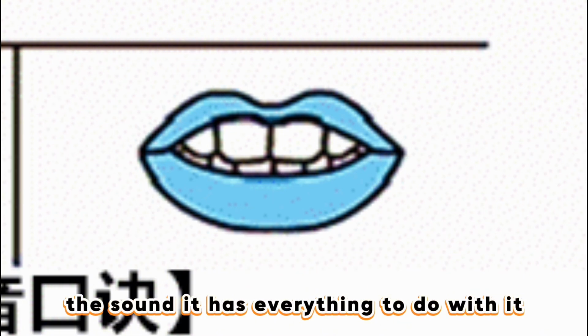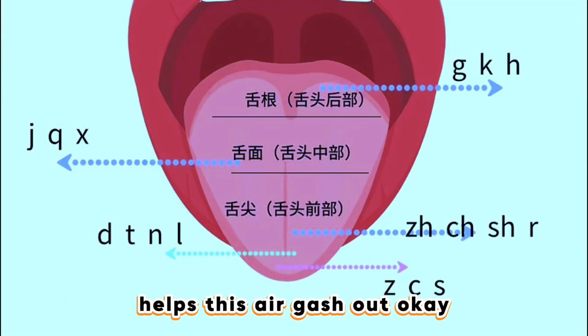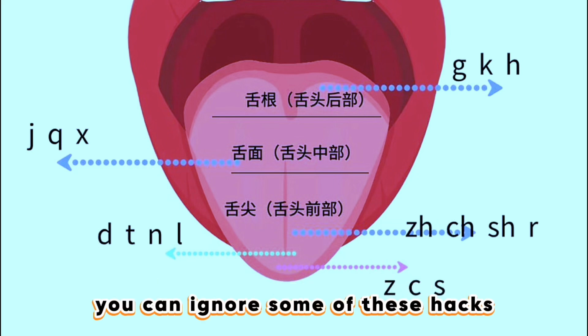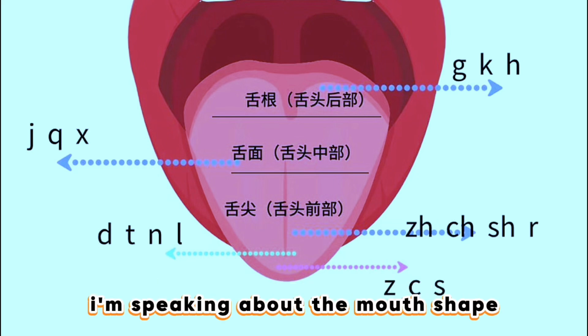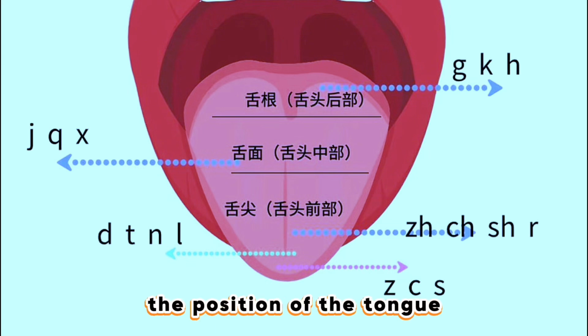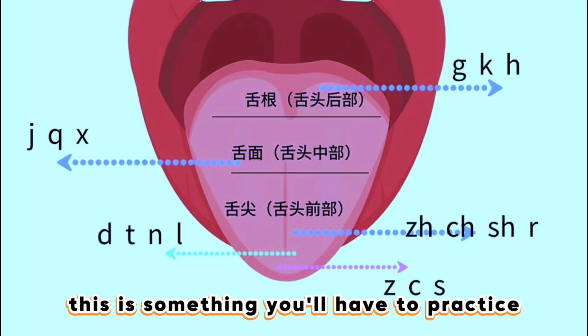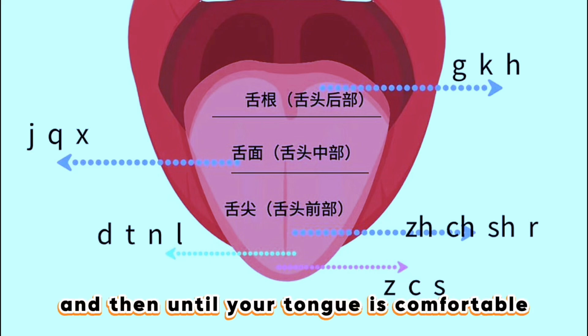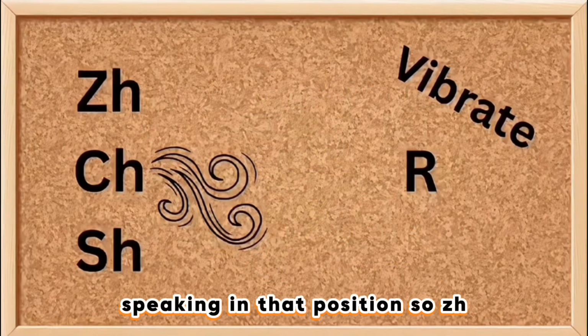It has everything to do with, it helps this air gush out, okay? With time, as you learn and get more fluent, you can ignore some of these hacks. I'm speaking about the mouth shape, just to be clear. Of course, the position of the tongue, this is something you'll have to practice probably every now and then until your tongue is comfortable speaking in that position.